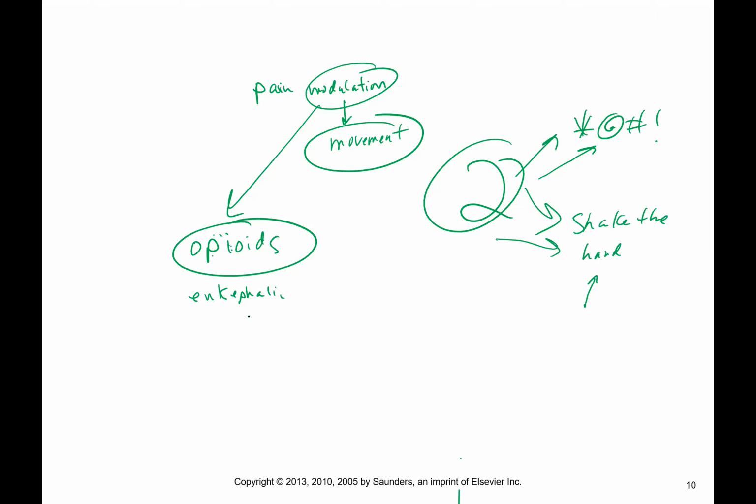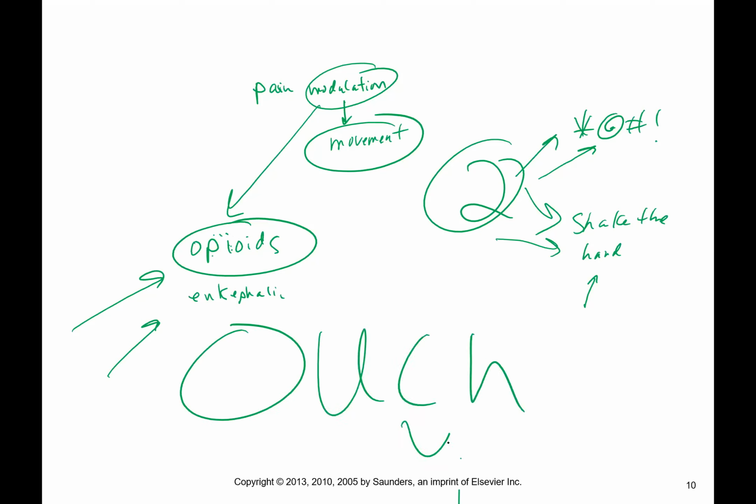Because what happens is, when you get hurt, the body starts to modulate the pain. At some point, the opioids built into your system have a half-life, right? So they start to wear off. And when this happens, that's what ends up happening. You are fine, and then you're not.